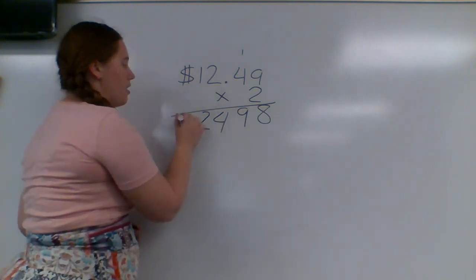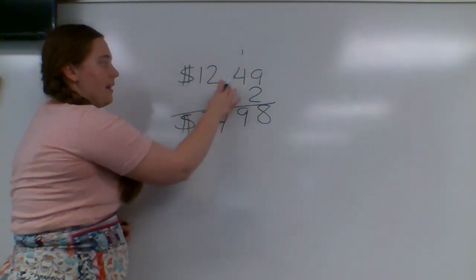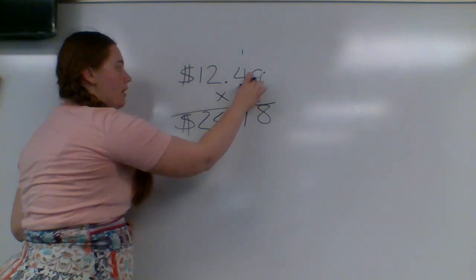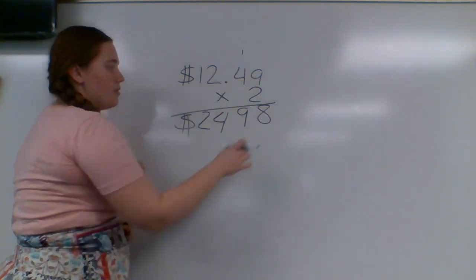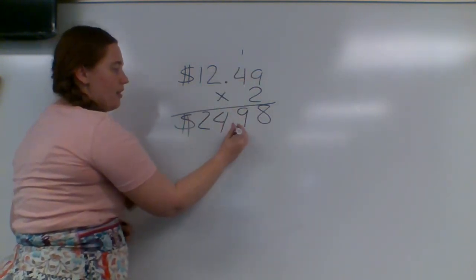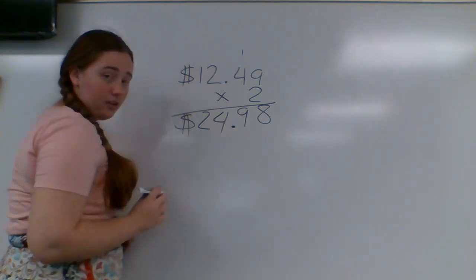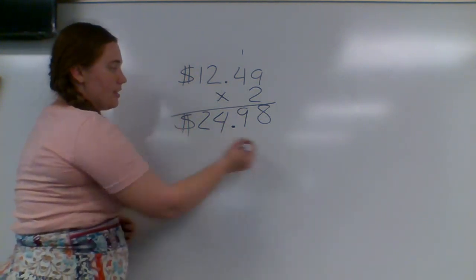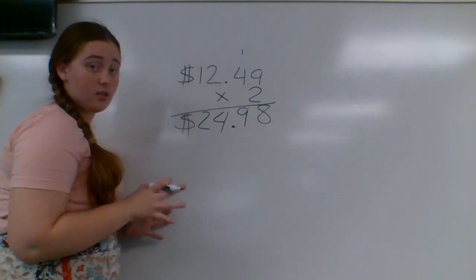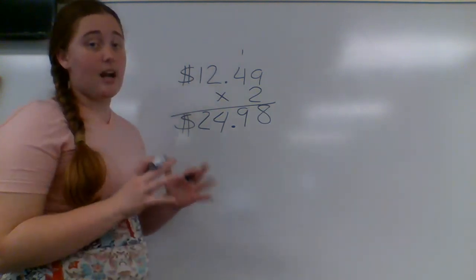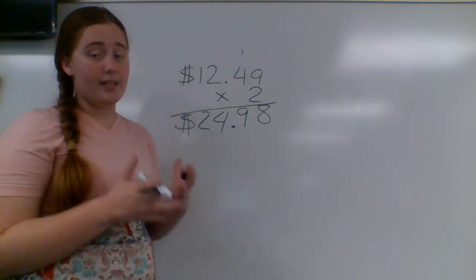And I have a dollar sign that I need to put down, and then I have this decimal point right here. I'm going to count 1, 2 place values, put my decimal point right there, and this is how much the rose bushes cost all together. But it's not asking that, it's asking how much change will Dad get back.